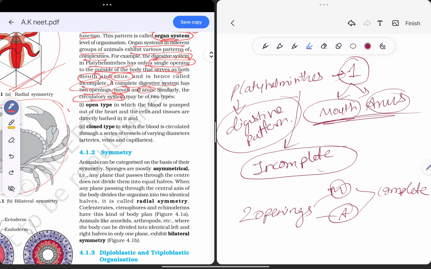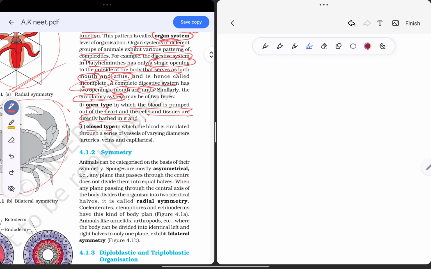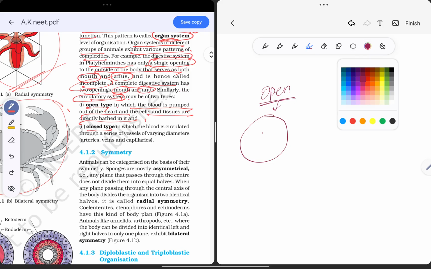The same thing happens in the case of the circulatory system, which is open type and closed type. In the open type, the blood is pumped out of the heart and the cells and tissues are directly bathed in it. So even in the circulatory system there are two types, open and closed. In the open case, all these organs will be bathed in the blood.